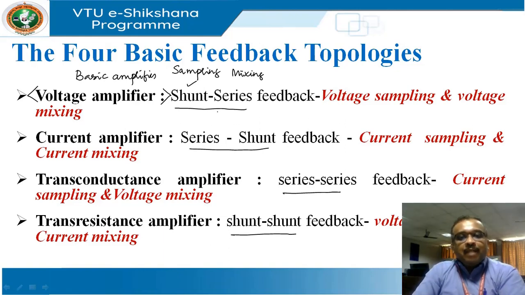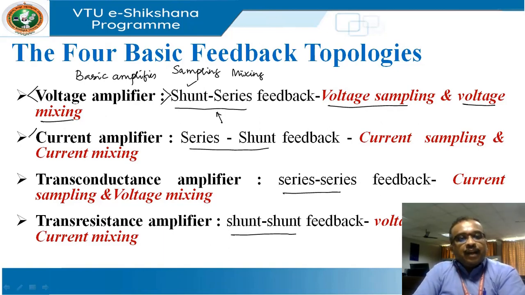And what kind of feedback? It depends upon what kind of basic amplifier we have got. As far as the voltage amplifier is concerned, it is called a shunt series feedback. Why is it called shunt series? Because voltage is being sampled and voltage is again being mixed at the input side.